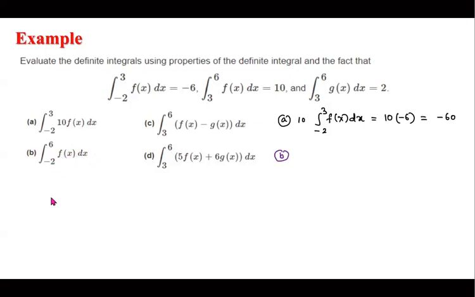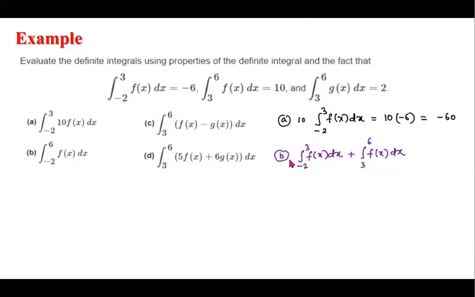So -2 up to 6 is the same as the integral from -2 up to 3 first, and then from 3 up to 6. Because we are asked to integrate from -2 up to 6, we can go from -2 up to 3 and then from 3 to 6.